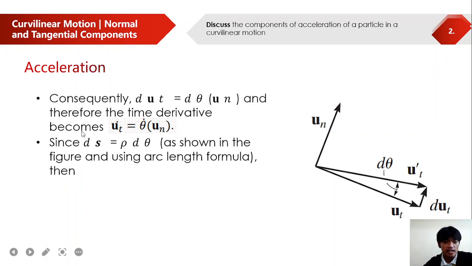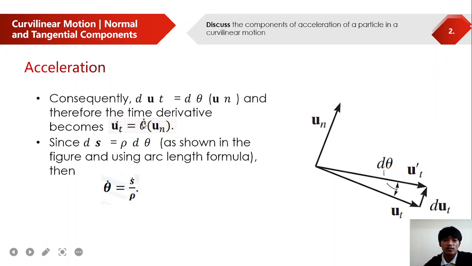Okay. Since ds is equal to rho d theta, ayan, another equation na naman. Since we defined this kanina, so ds equals rho d theta as shown in the figure and using the arc length formula, then theta dot is equal to s dot over rho.